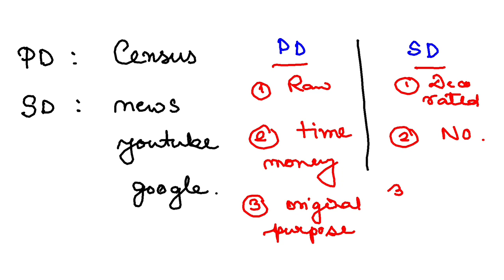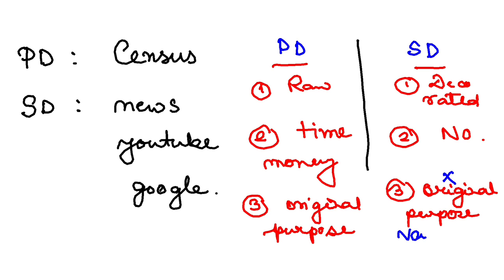Secondary data is not done for an original purpose; rather, it can be used for varying purposes, for many purposes. For example, the YouTube channel that you are watching can be used by you for something and by someone else for another reason, isn't it? So these are broadly the differences between primary data and secondary data.